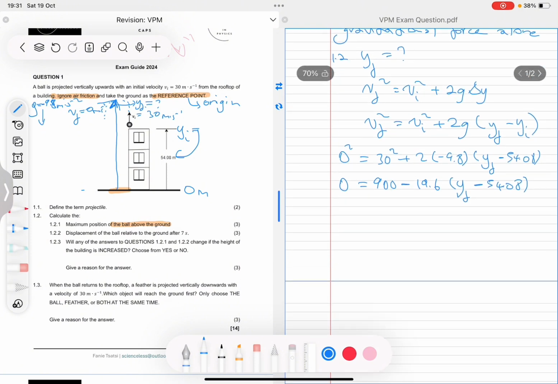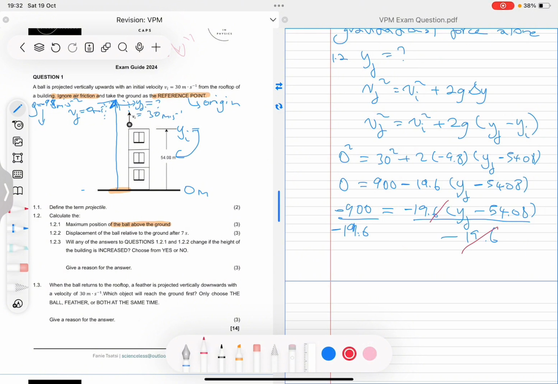Now I'll take the 900 to this side, so that I have negative 900 equals negative 19.6 times y final minus 54.08. Then I'll divide both sides by 19.6, and the 19.6 here is also a negative.